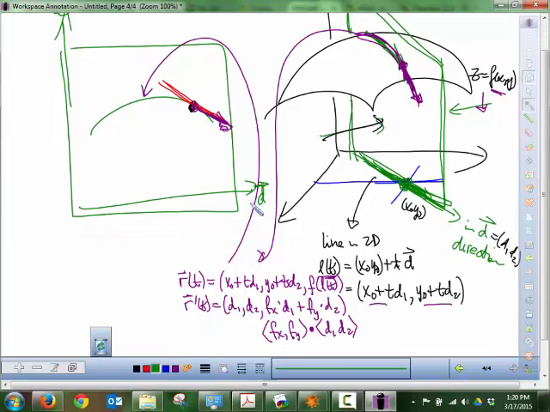Now, I like to think of the slope as rise over run. And so it looks like the rise would be this term over here. And the run, what would the run be? Square root of d1 squared plus d2 squared? I don't know. Is that right? Yes.